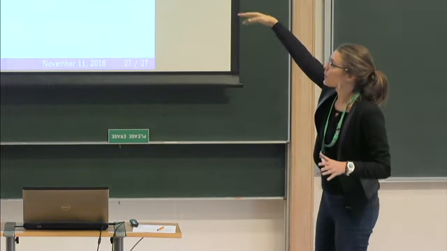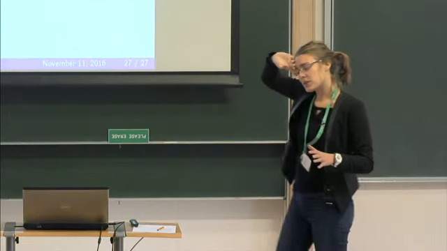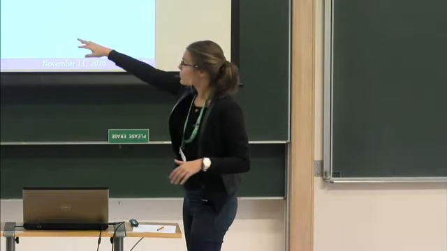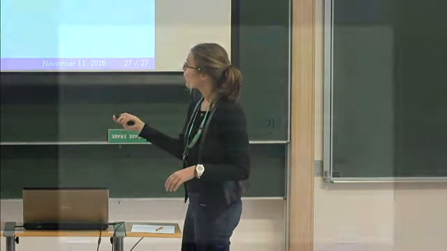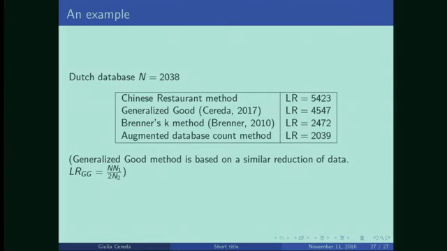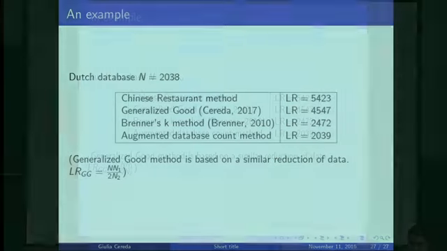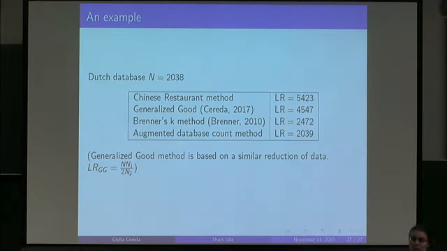The generalized Good method is even simpler because you see it's just n times n1, sorry, I haven't explained it here: n is the size of your database, and n1 is the number of singletons in your database, divided by twice the number of duplets, n2, in your database. Here you have a problem, for instance, when n2 is 0, you don't have duplets, so you see weird stuff here, an infinite likelihood ratio, and this is exploiting less of the data because it's only using from your database the number of singletons and the number of duplets.